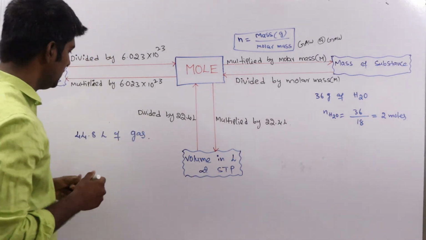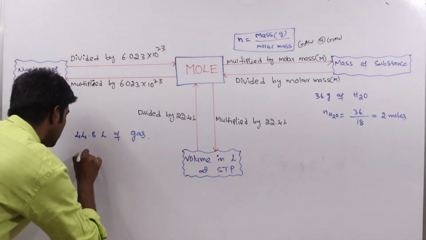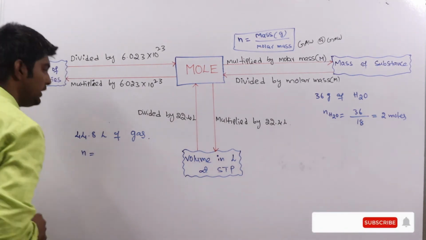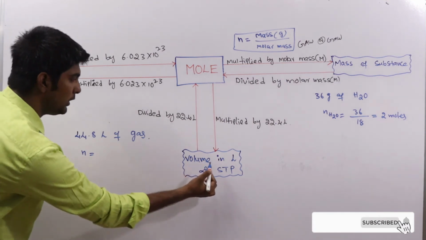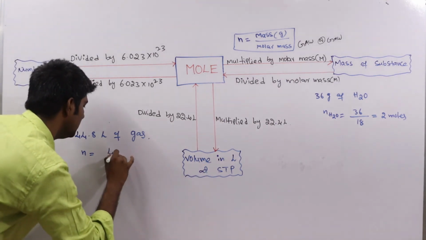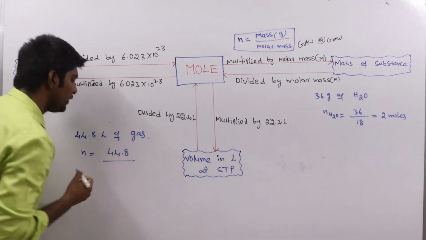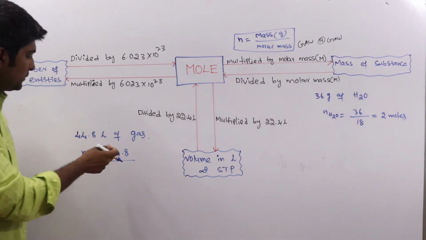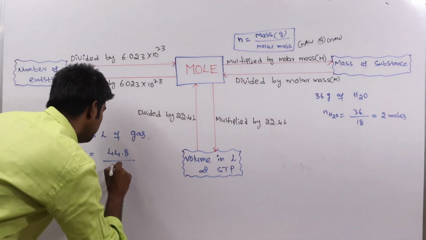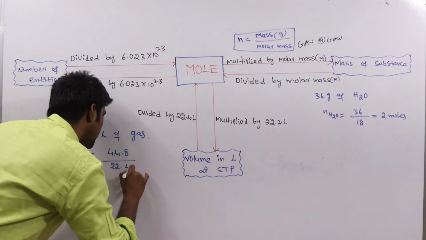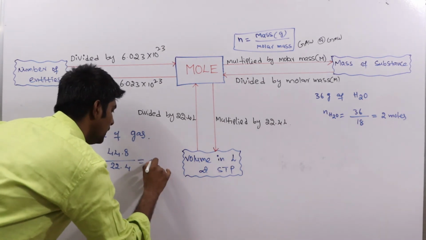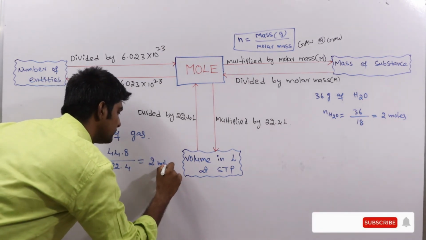Then the number of moles is equal to the volume of the gas, 44.8, divided by 22.4. So here we get 2 moles.